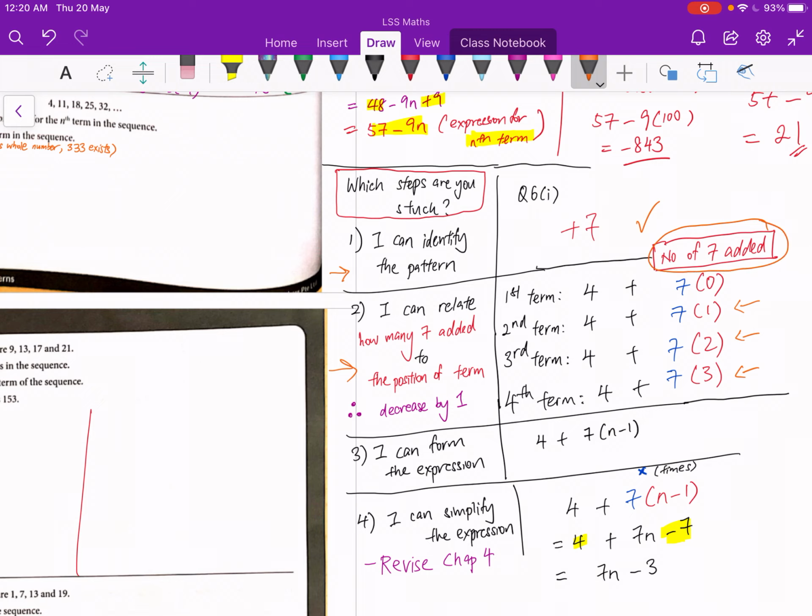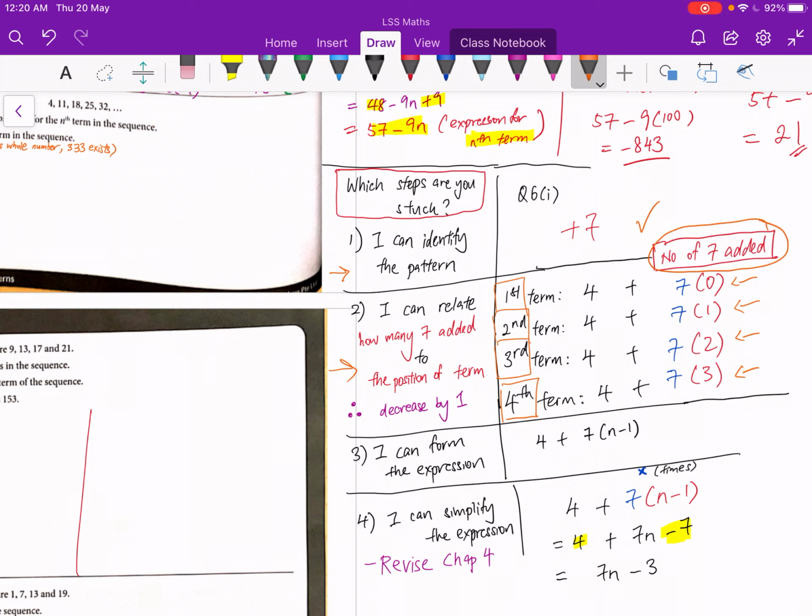So for the second step, are you able to identify that the number of 7s added has a relationship with the position of the term? For the first term, there's no 7 added. For the second term, there's only 1 seven added. For the third term, there are 2 sevens added, 7 plus 7.